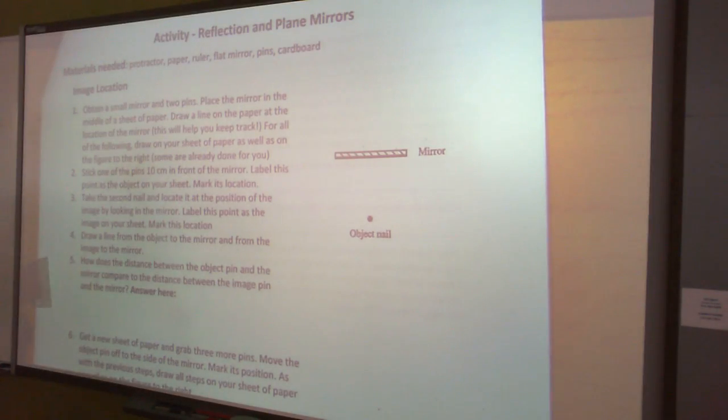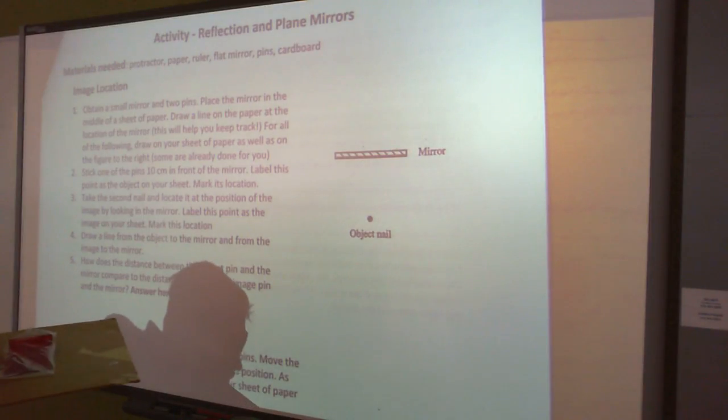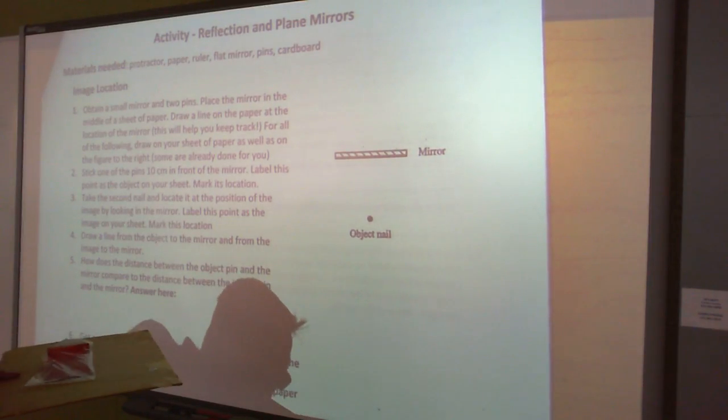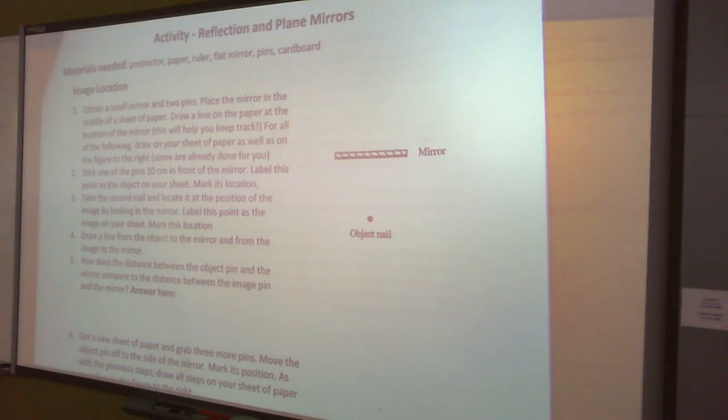We're going to use this as a semi-transparent mirror. This is more useful because we can see through it, yet it's still reflective, so we get a reflection off of it. And we're going to need at least 3 or 4 blank sheets of paper from the scratch paper area. How many pins? At least 3 to start with. I think for the first one, we only need 2.